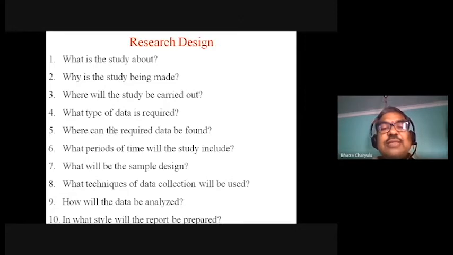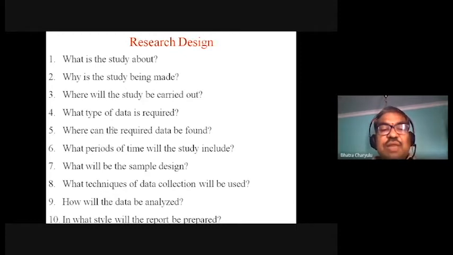And what will be the sample design, or sample methodology, or sample survey technique, and what technique of data collection will be used? Shall we have to conduct on various types of data, nominal data or ordinal data or interval data or ratio scale data, or whichever technique, simple random sampling or stratified random sampling, or any other technique that you have to implement for collecting the information?